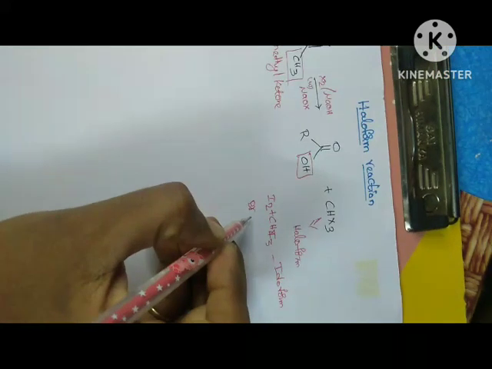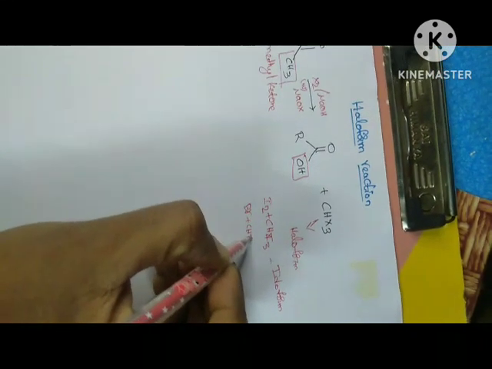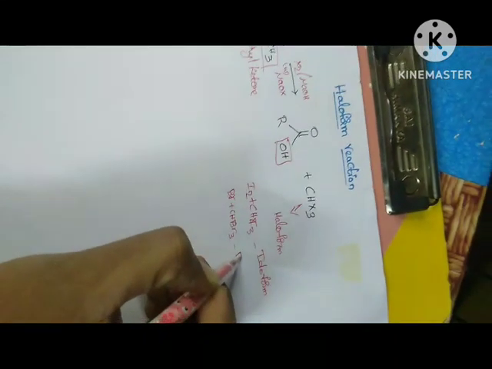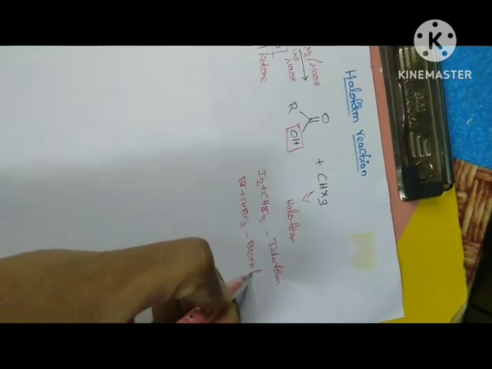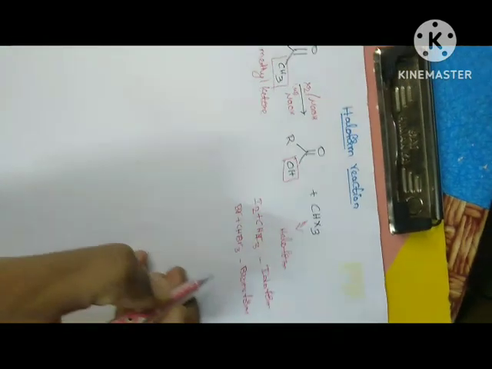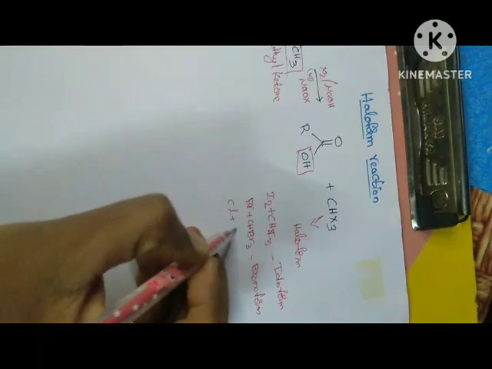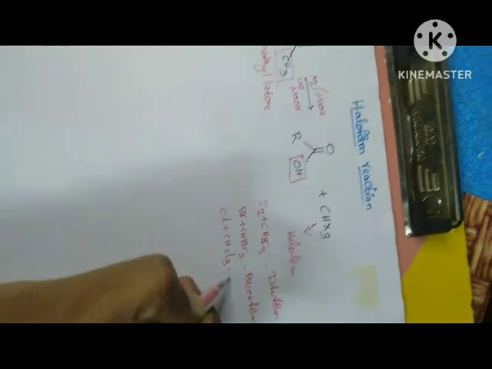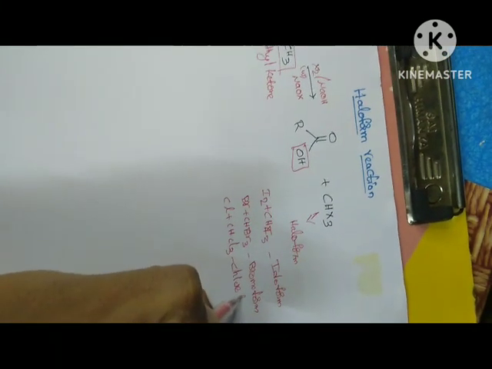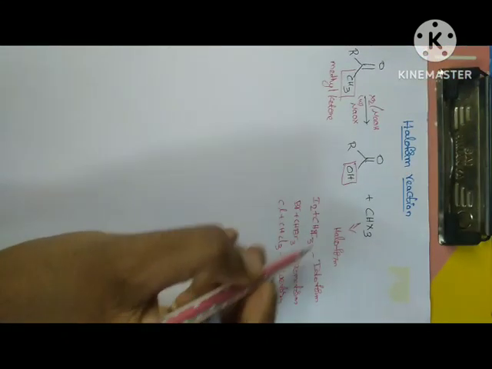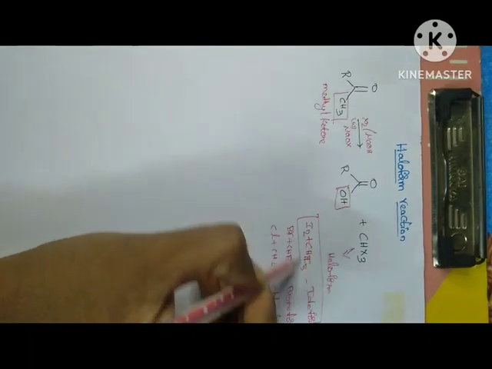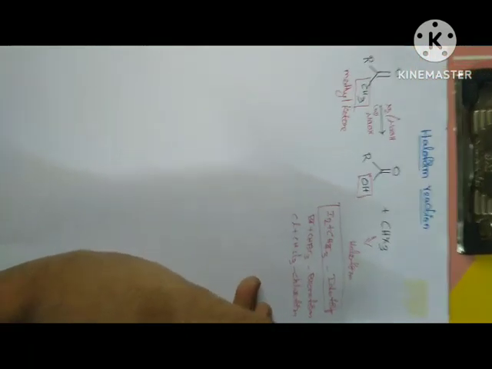We use bromine to form bromoform, and we use chlorine to form chloroform. First of all, in this reaction we mainly consider the I2 iodine form.